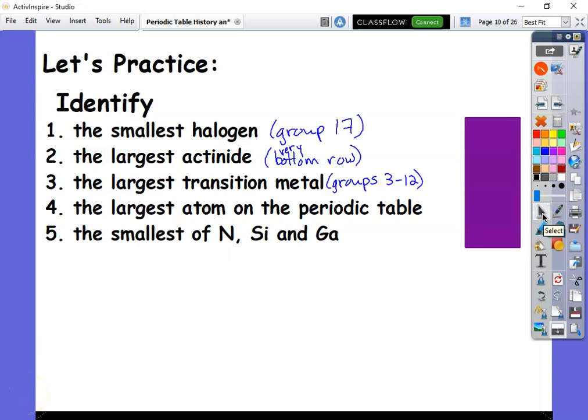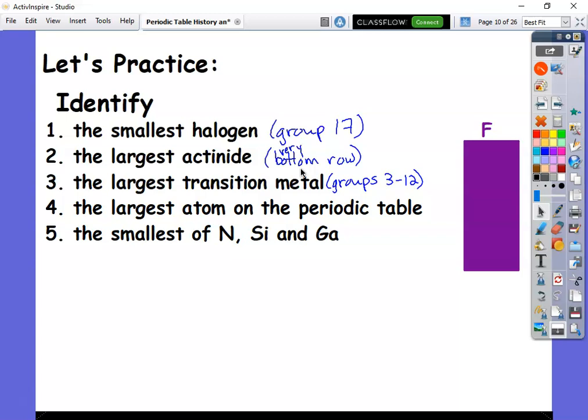The smallest halogen, remember the halogens are group 17 on the periodic table. So groups, of course, go up and down. So we're talking about that column, and atoms at the top are smaller because they have fewer electron levels to cause electron shielding. And so the smallest halogen is fluorine. The largest actinide, the actinides are the very bottom row of the periodic table, of that subset that's pulled out to the bottom.